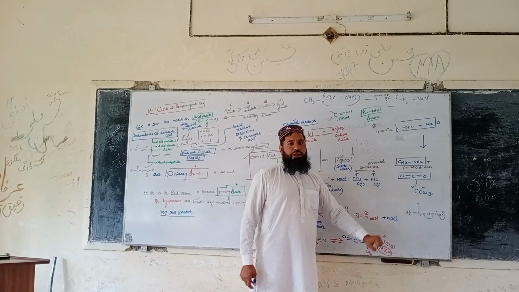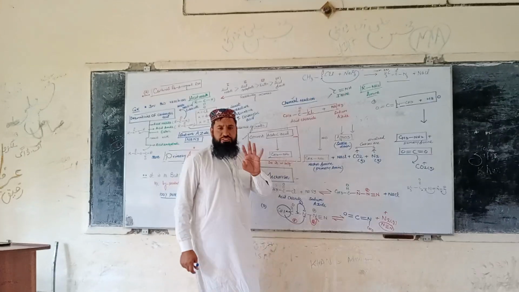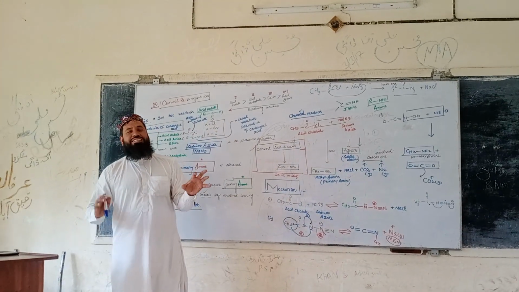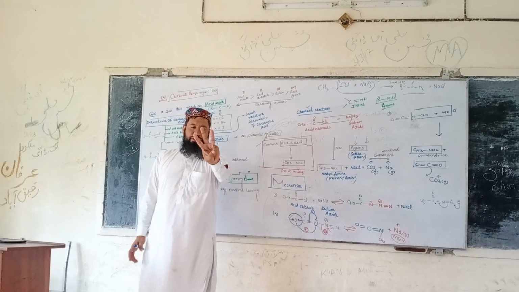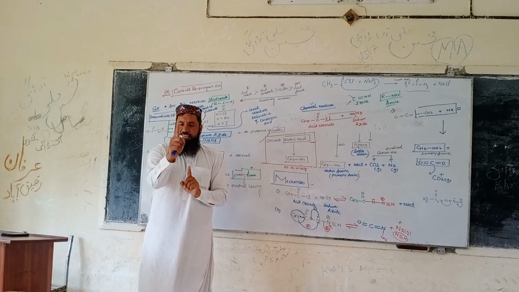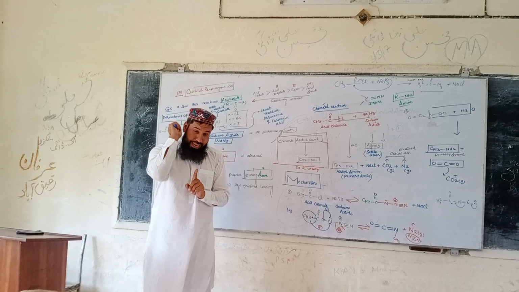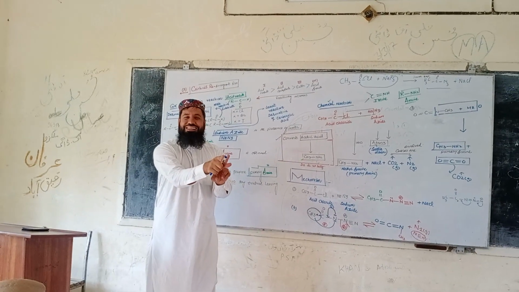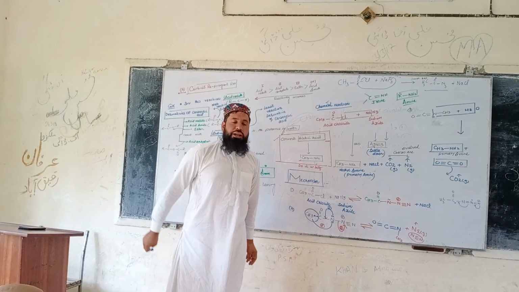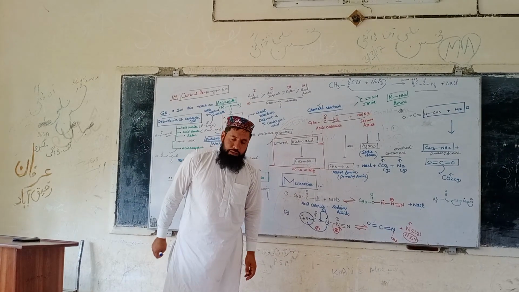To form primary amine. So as far as Curtius rearrangement is concerned, keep three things in mind. The first thing is the acid chloride. When it reacts with the sodium azide, it will form primary amine.